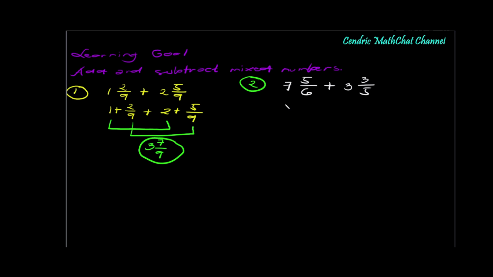However, we can also rewrite this first as 7 plus 3 plus 5 sixths plus 3 fifths. You can go ahead when adding and subtracting fractions. You can go back and visit one of our lessons that's all about addition and subtraction of fractions.